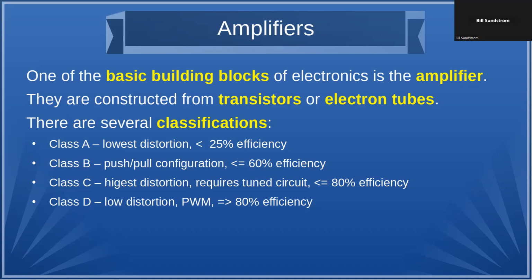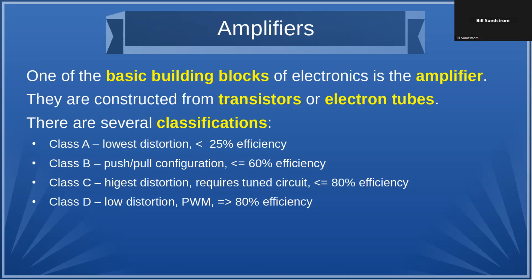A class A amplifier has the lowest distortion of all the amplifiers, but it's no more than 25% efficient, because whether there's a signal there or not, it's always consuming power. They bias it in the middle of the operating point, so it makes it very inefficient when you look at the power out versus the power in to the amplifier.